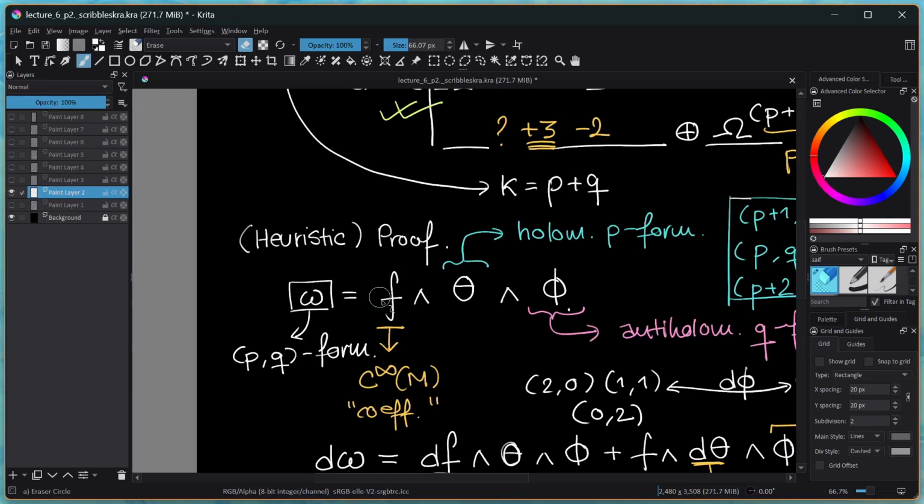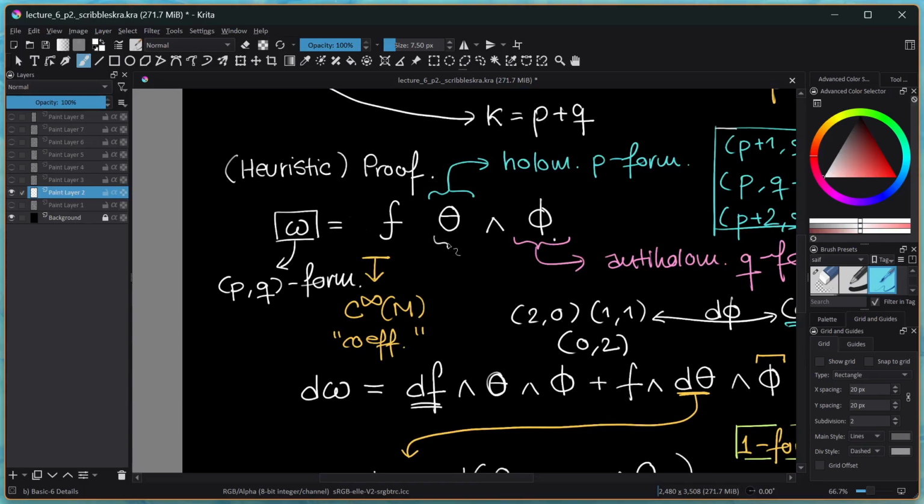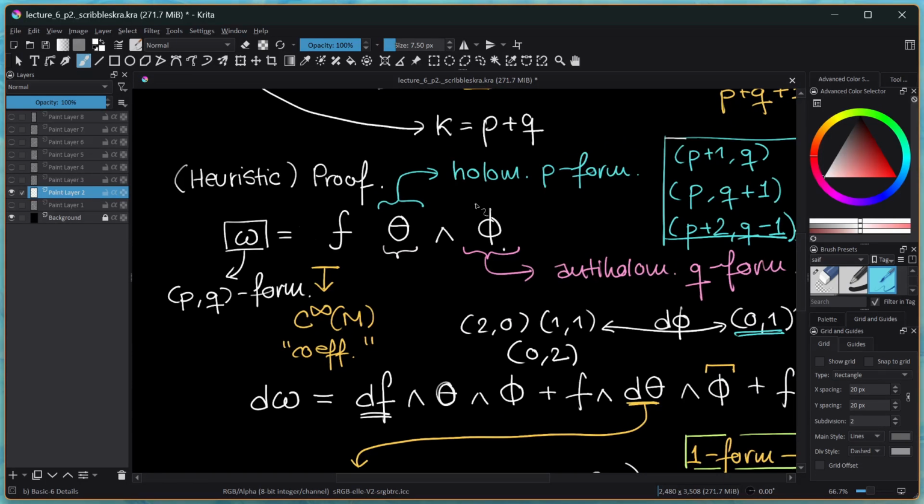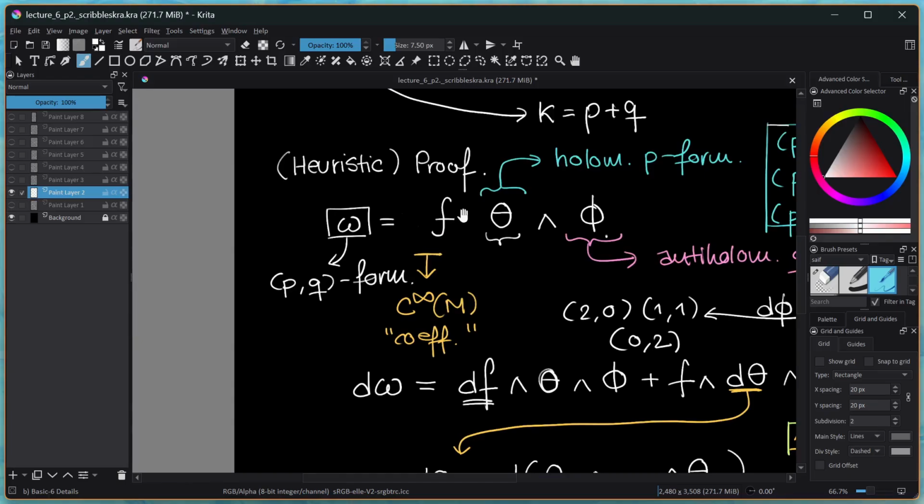What it actually comes down to is that I'm pretty sure this wedge product isn't supposed to be here. This C infinity function just lives in front of this differential form as a coefficient. So you have this holomorphic P form, and you have the anti-holomorphic Q form over here, and they're wedged together, and the coefficient is out in front.